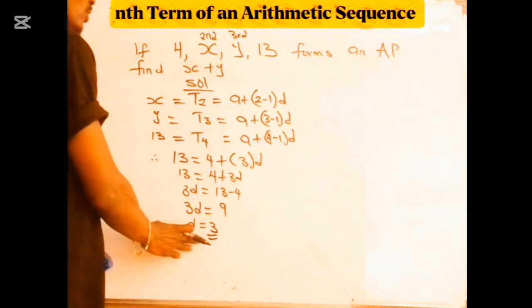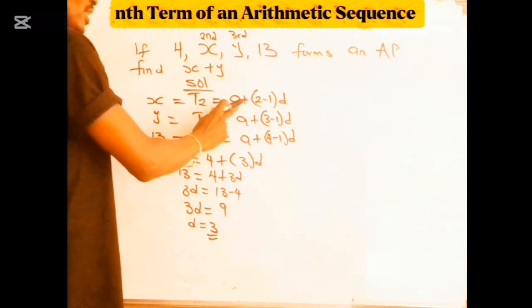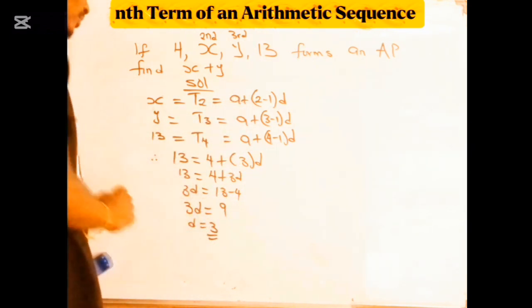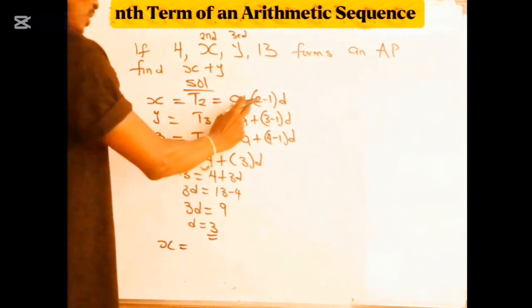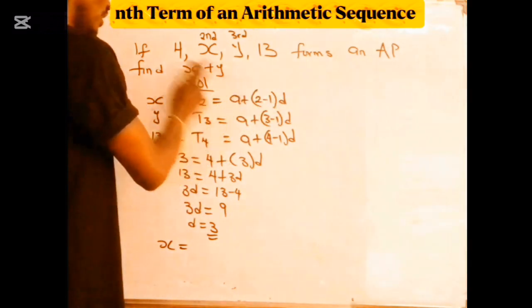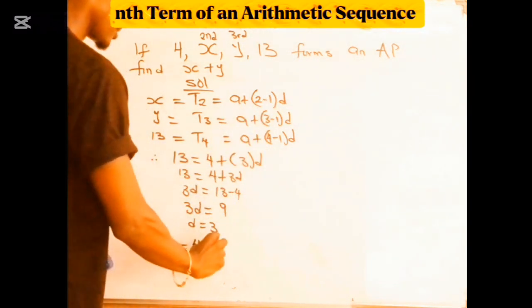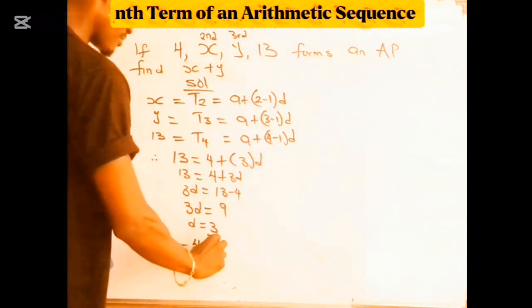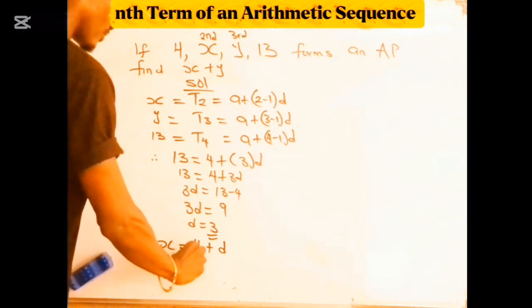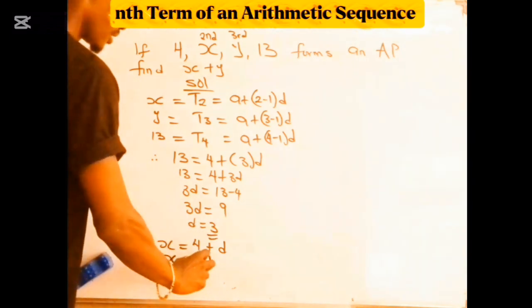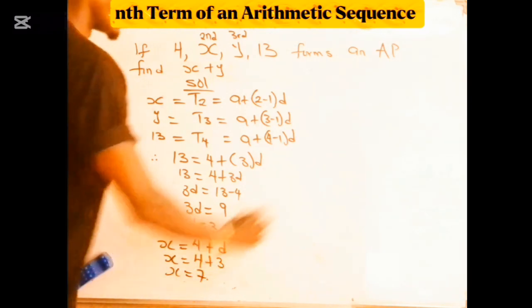If D is equal to 3, we can now find x and y, since we now have A and D. So x will now be A plus 2 minus 1 D, which is 4 plus 2 minus 1 is 1, then times D. So x will be 4 plus 3. That means x is 7.